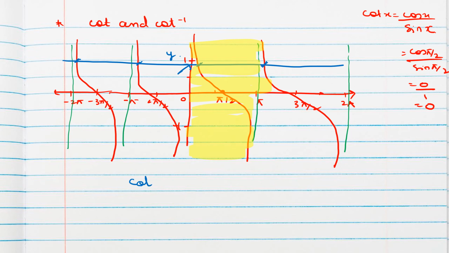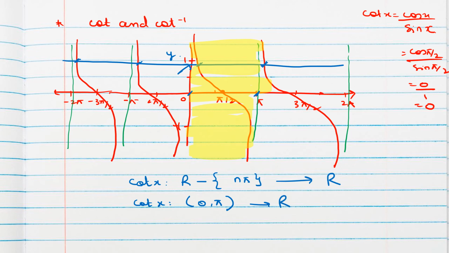So for cot x, domain and range was R minus those points at which the denominator becomes 0, that is n pi, to whole R. Okay, but we restricted the domain now. We restricted from 0 to pi, open interval, because at 0 it is undefined, at pi it is undefined, so those points we have to exclude.